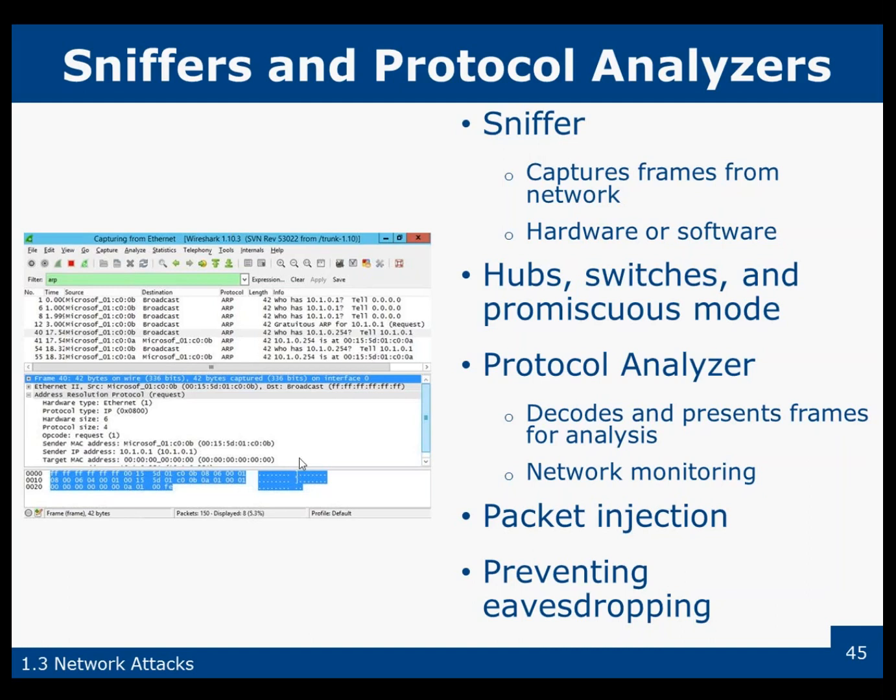Okay, back to this. Hubs, switches, and promiscuous mode. Promiscuous mode is something that the sniffers do, the captures do, in order to see all of the traffic in the system. It's the only way, because you remember that a NIC only takes traffic to itself.